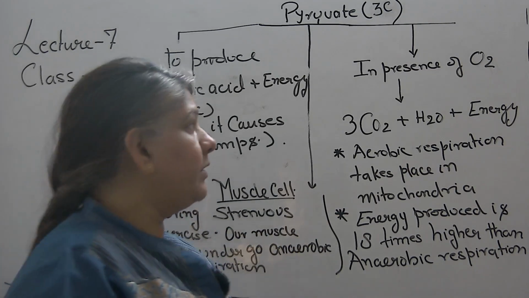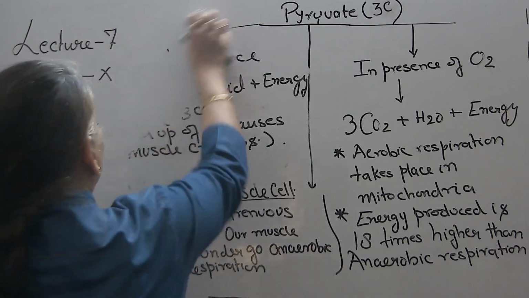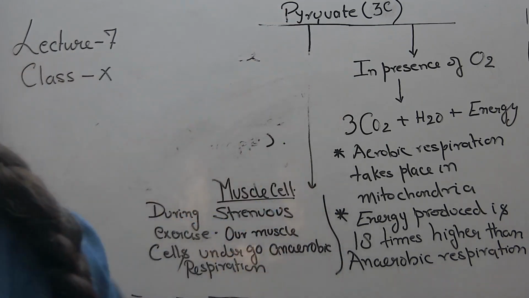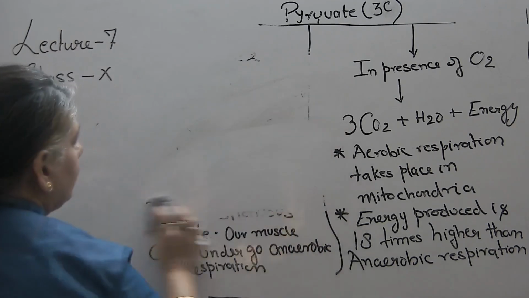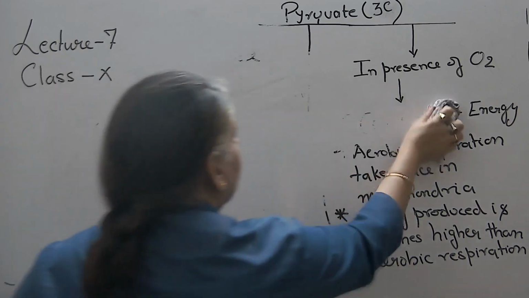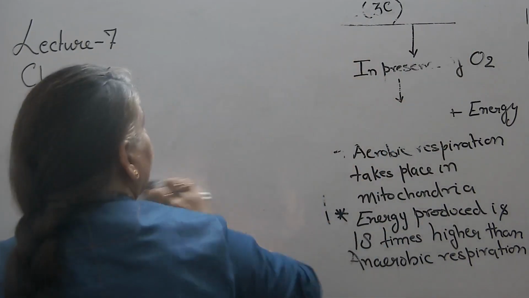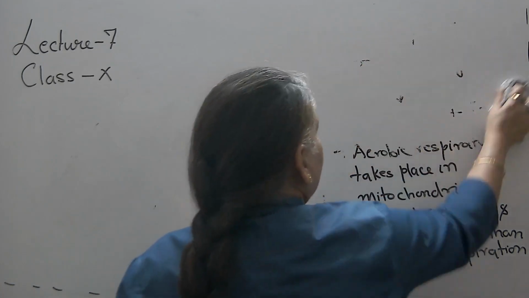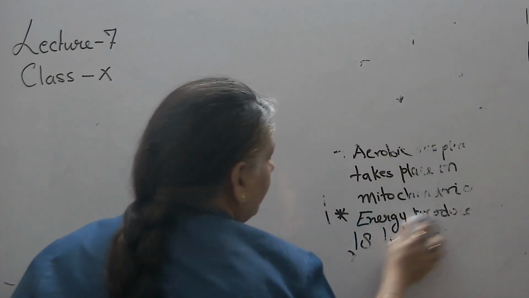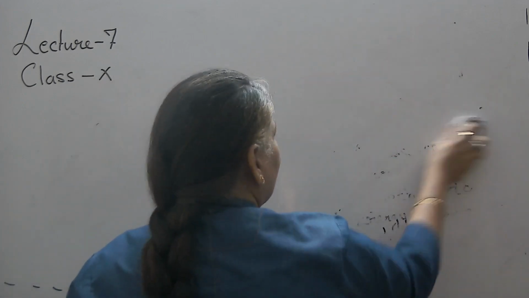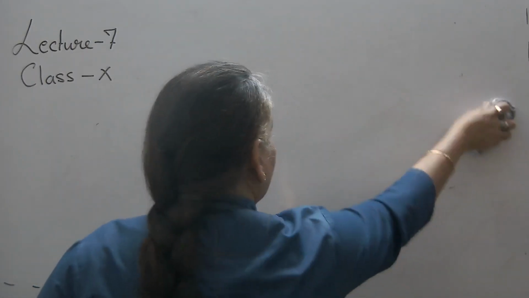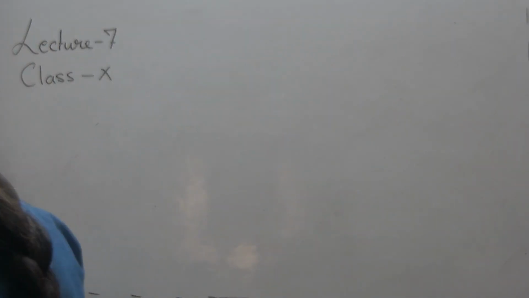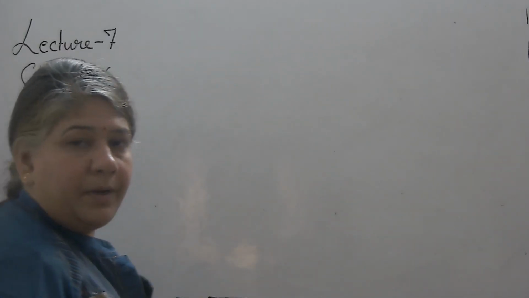So let's see what is ATP molecule and how it is producing energy. See, a fixed amount of ATP is produced.